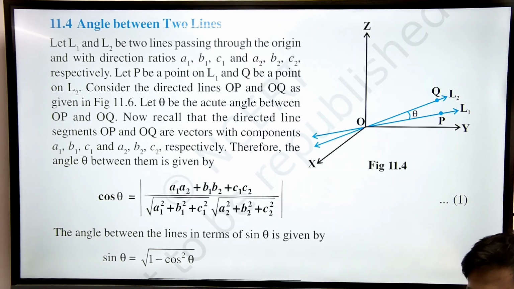Okay, so basically you are given two vectors, you have to find one unit vector that is perpendicular to these two vectors.